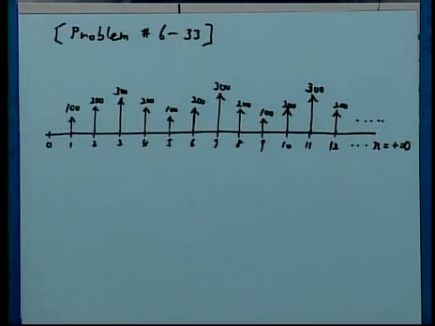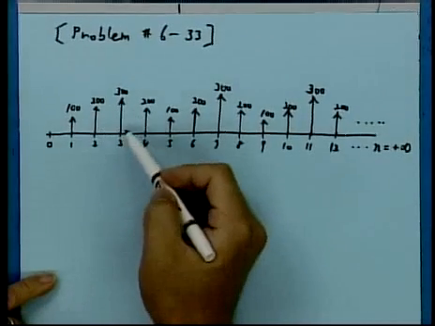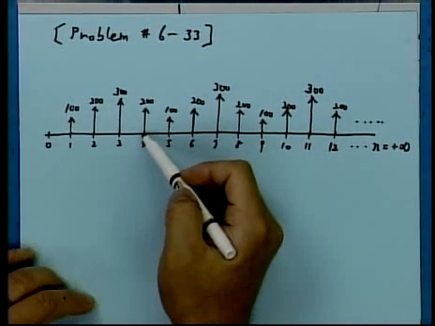If you look at this given cash flow diagram carefully, you may see that a certain pattern repeats infinitely. There is a repeating series of 100, 200, 300, and 200.